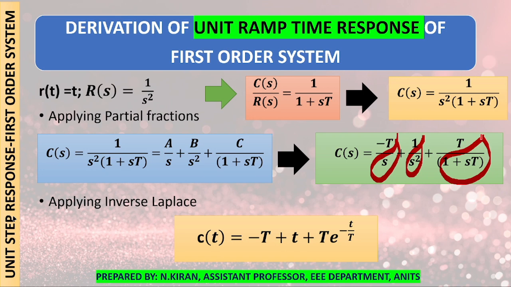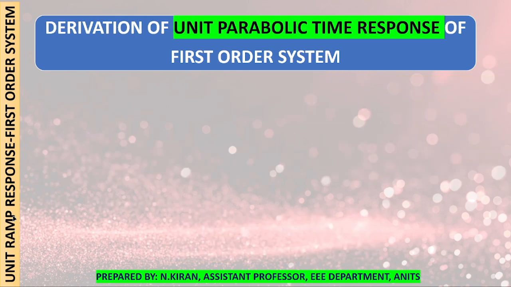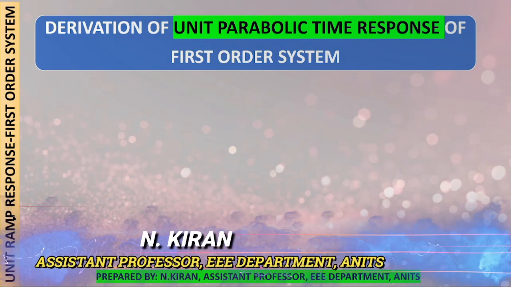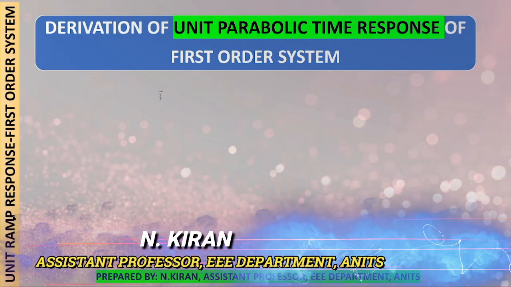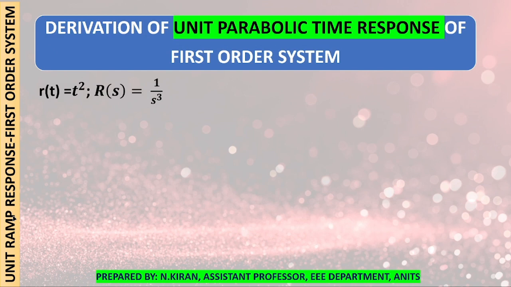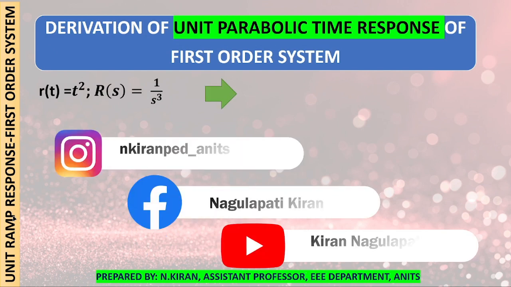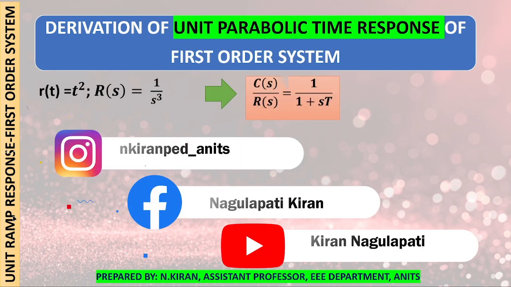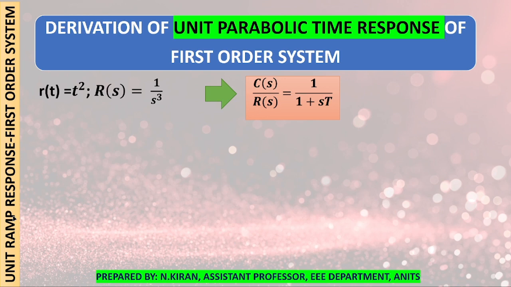And the third case, for the unit parabolic time response of the first order system, R(s) will be 1/s³. We know the standard transfer function of the first order system is 1/(1+sT). So if I substitute R(s) as 1/s³, that will give me C(s) equal to 1/(s³(1+sT)).